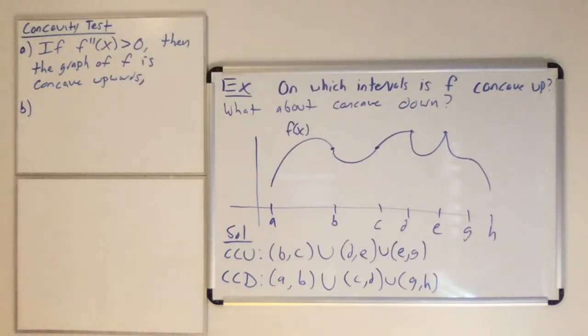And you could guess what the second part would say. If the second derivative is negative, or less than 0, then the graph of f is concave downwards.